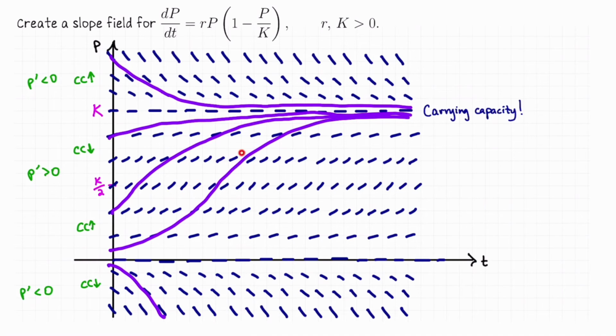Ultimately, because of, say, limited resources, your population can't have exponential growth forever. And in fact, if the population is too large, say it's larger than k, it's exceeding the carrying capacity of its ecosystem, the population is going to have to decrease so that long term, the population is stable at the carrying capacity k.